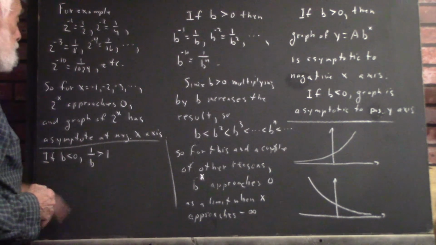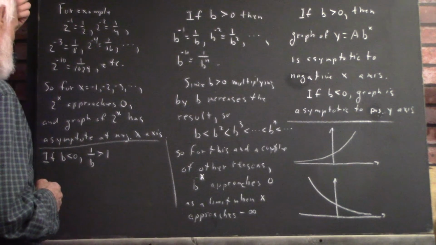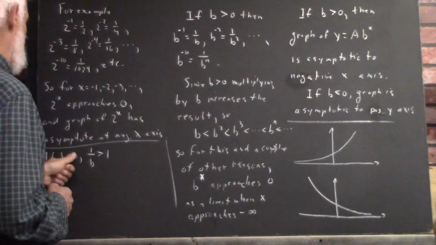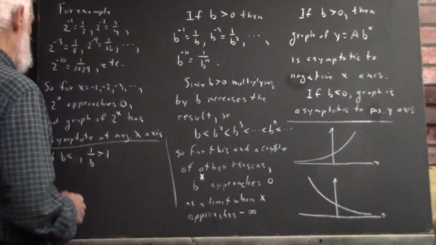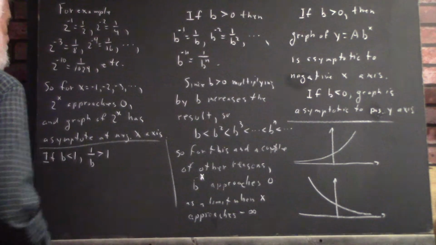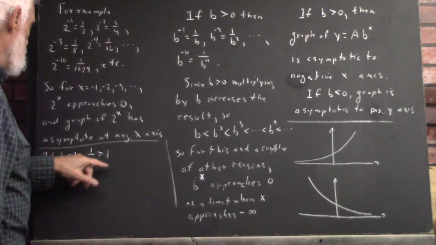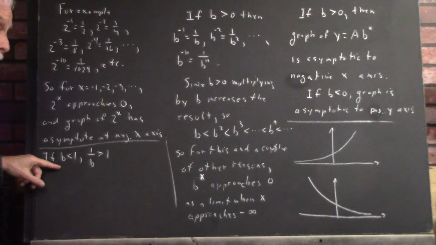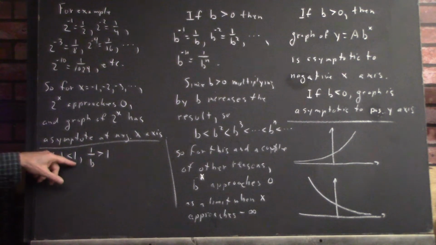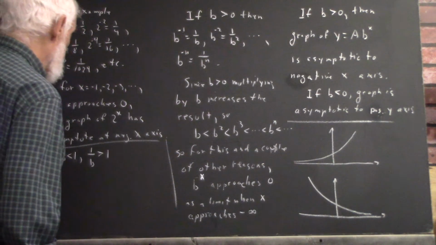I said b less than 0, 1 over b is bigger than 1, which is exactly what I was saying you couldn't say. If b is less than 1, 1 over b is greater than 1. b has to be greater than 0, so it's between 0 and 1, and 1 over b is greater than 1.